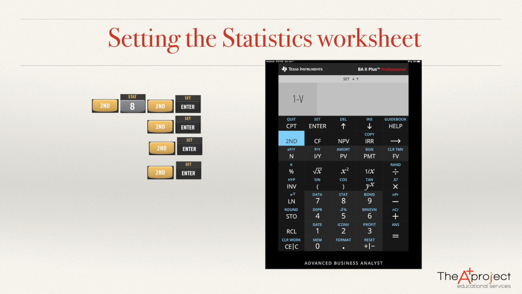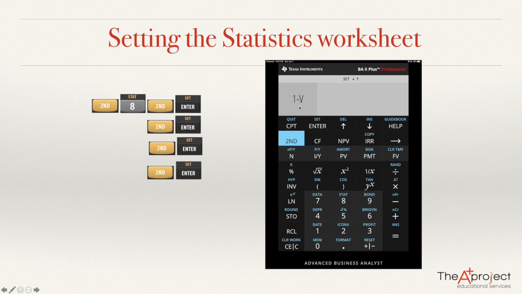In our case, we want this mode, 1V, that stands for one variable. So you can work problems related to one variable in this way. So anytime, second set will change the mode. If you press second set, you change the mode until you get this 1V.